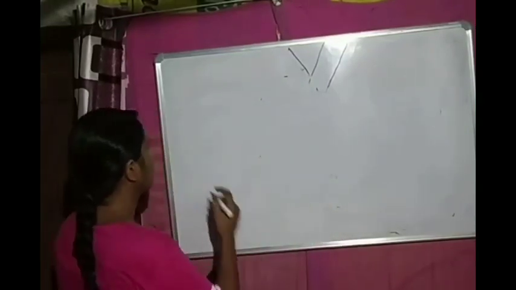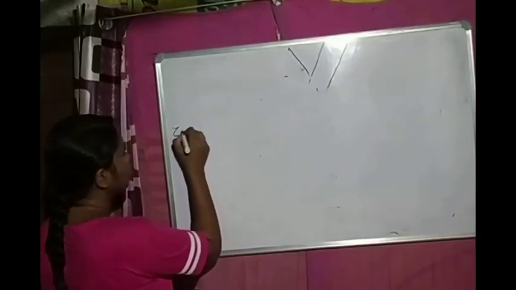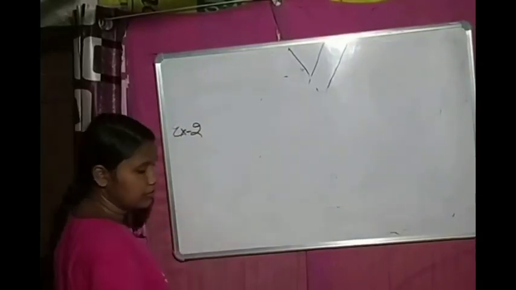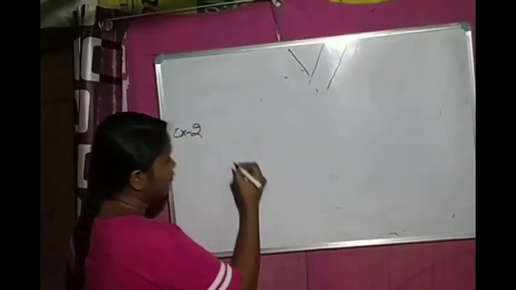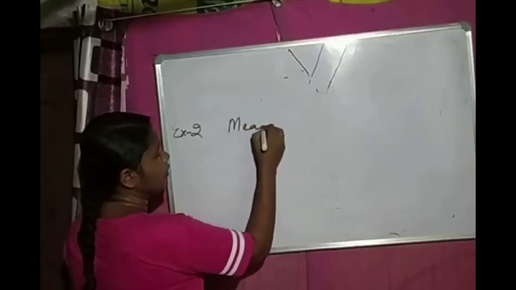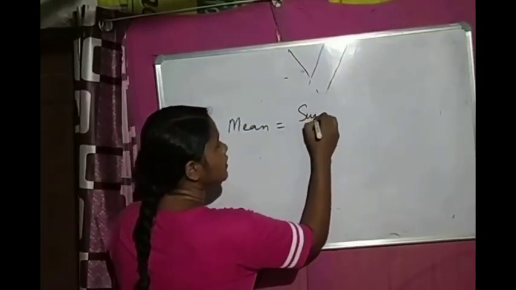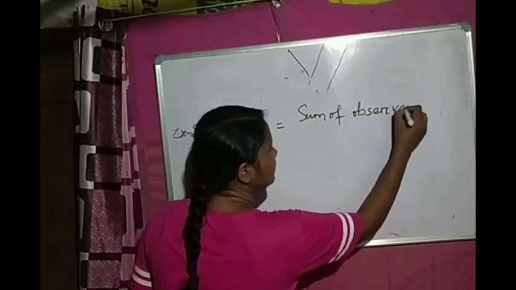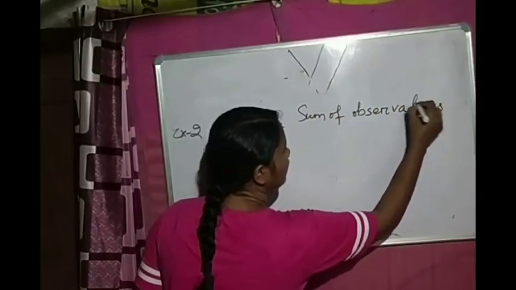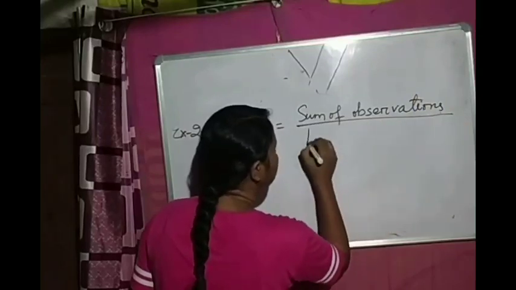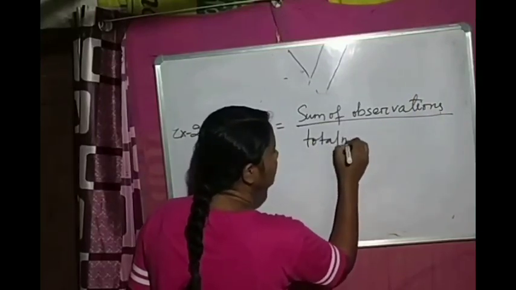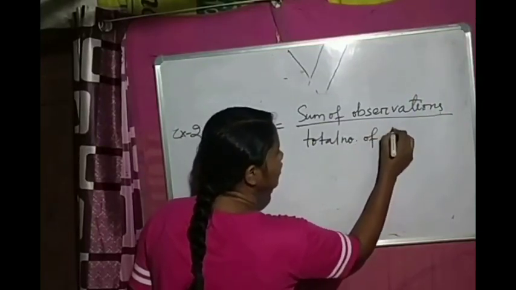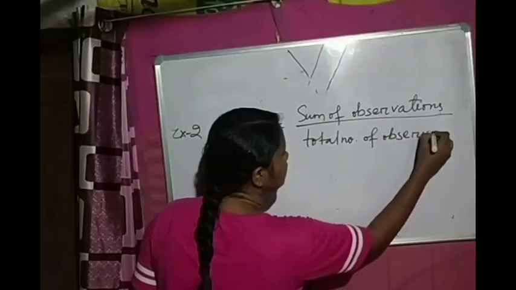So for example 2, the mean equals the sum of observations by the total number of observations.